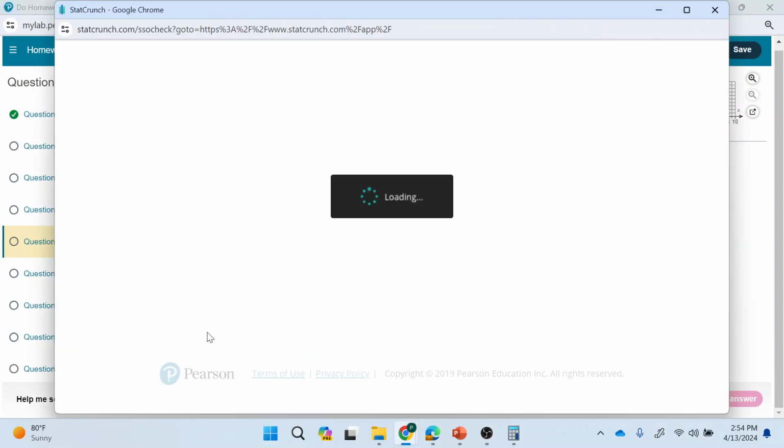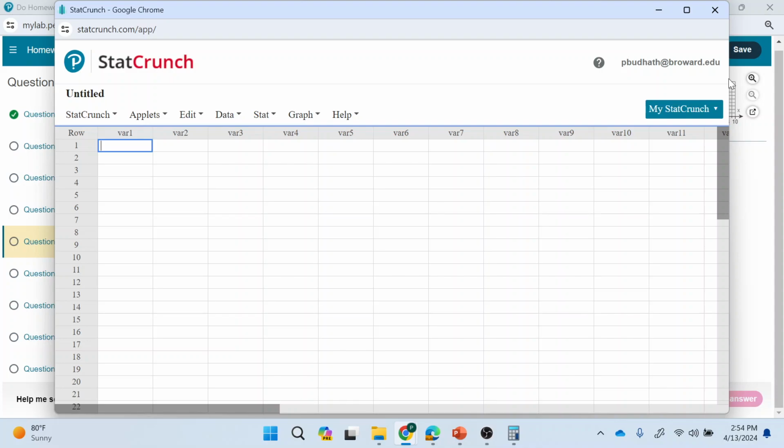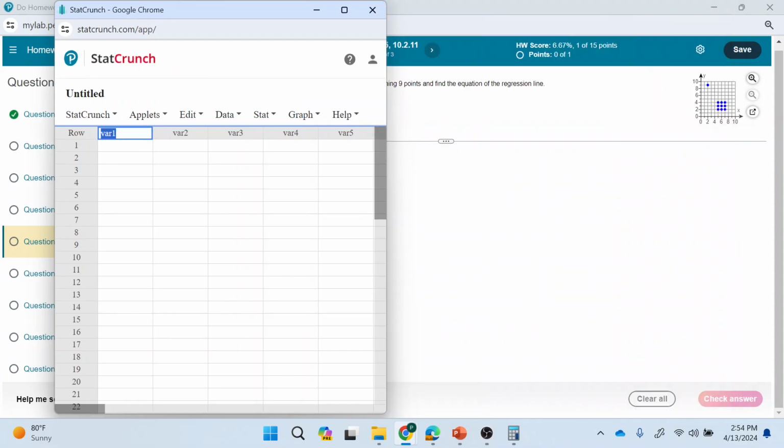Go to StatCrunch and type these values here. Just name them x and then y. And as you can see here, 5, 6, 7, and so on. Repeat it. And there is one value at 2.